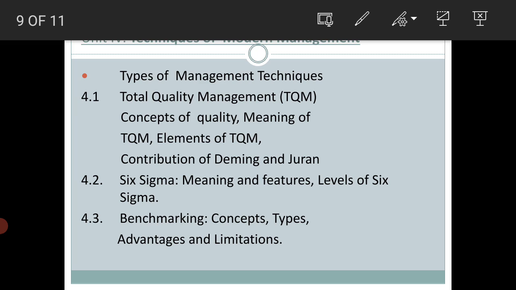External benchmarking means you compare the different features across the industry. Across the industry you highlight some of the features and add them into your product.